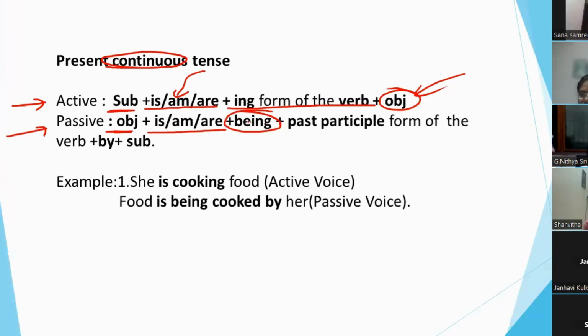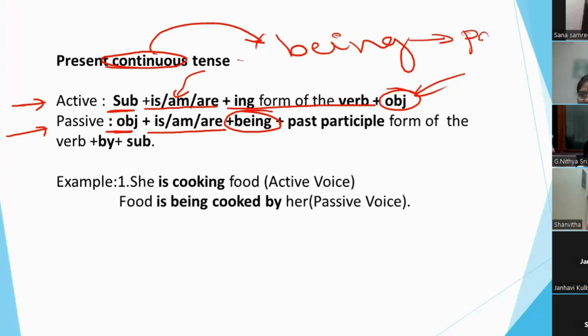Understood everybody? Always remember, when you have continuous tense, whether it be present continuous, past continuous, or future continuous, make use of being in your passive voice. Again the third rule is use V3 form of verb.